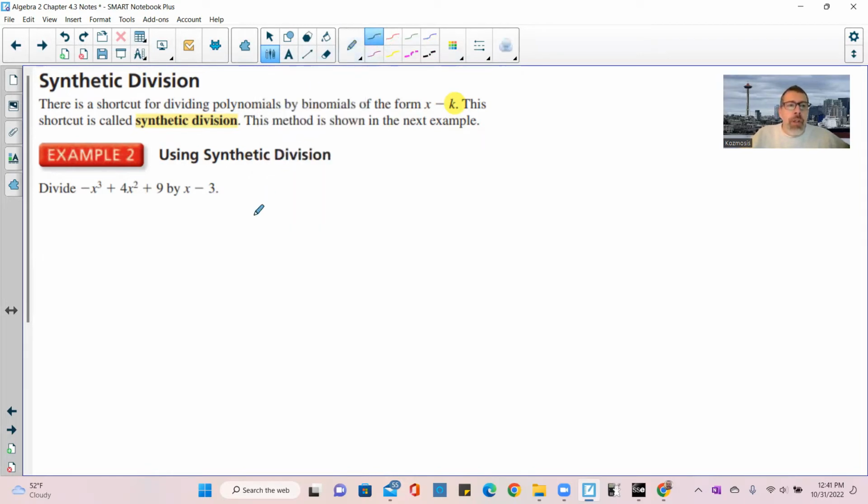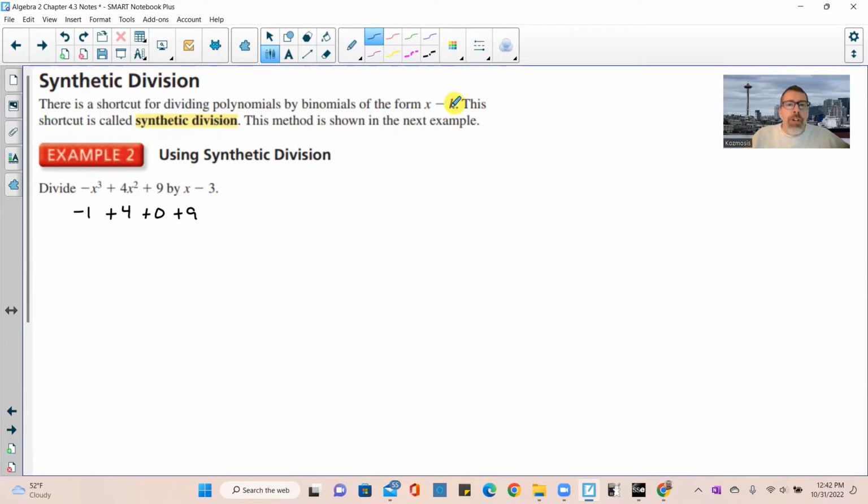So this has a leading coefficient of -1, and it's to the power of 3. And then we have a 4x squared. There is no x, so I'm going to call that 0x, and then a constant of 9. So those are just our coefficients in this f of x function.